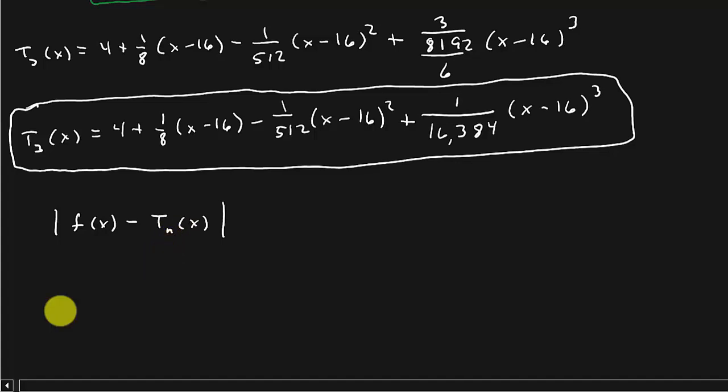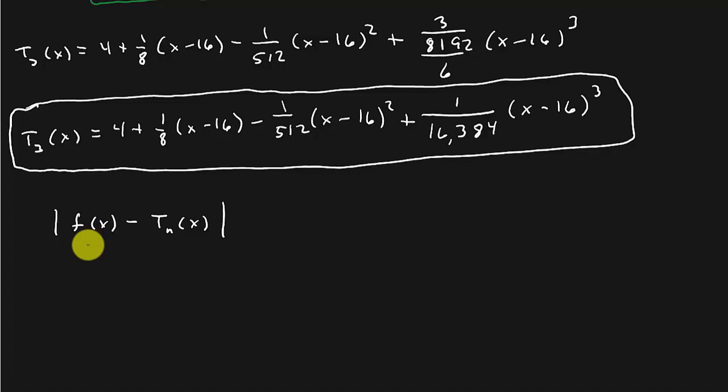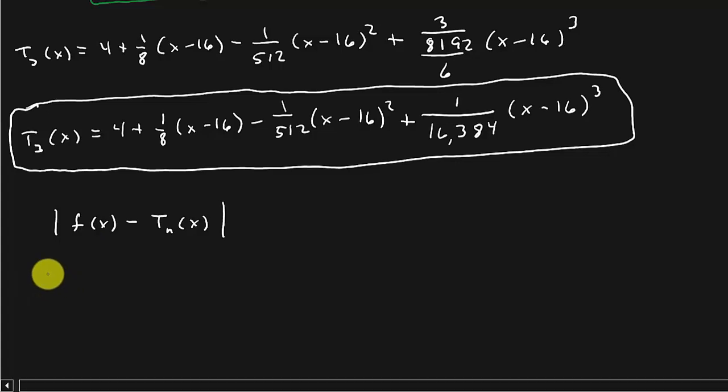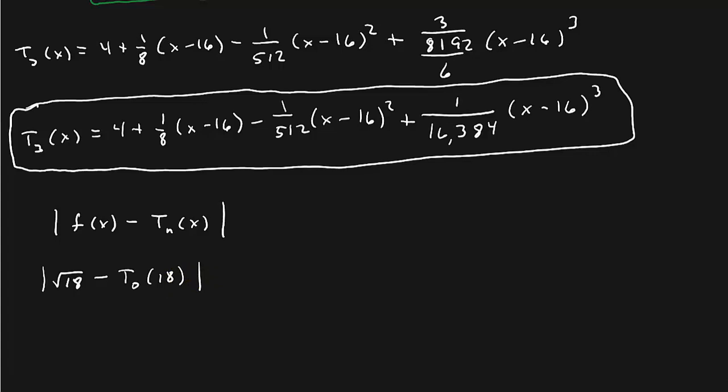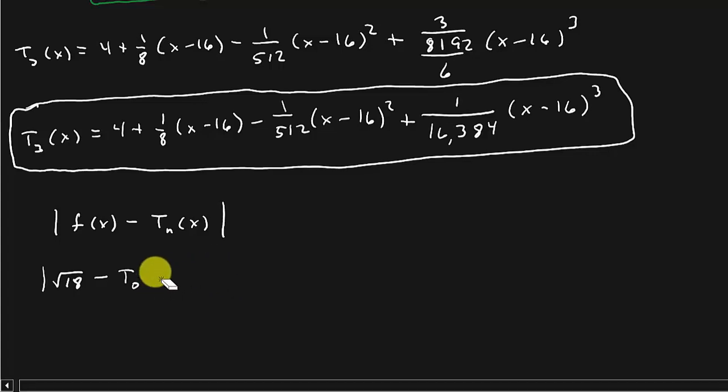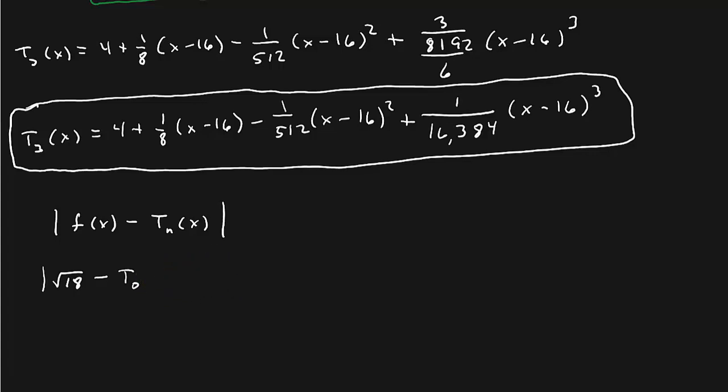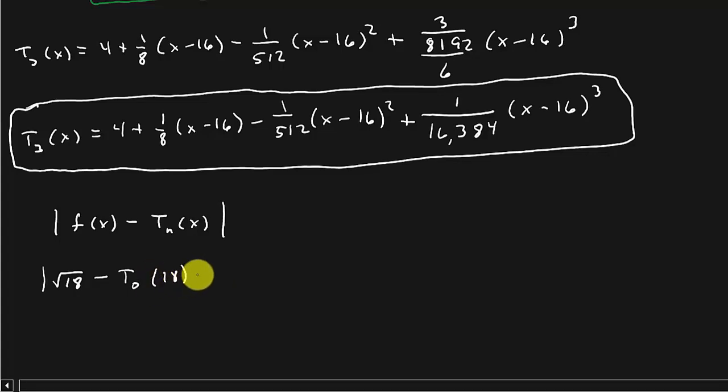So f of x, or f of 18, the square root of 18. All right, so that's going to be the absolute value of the square root of 18 minus T0 of 18.